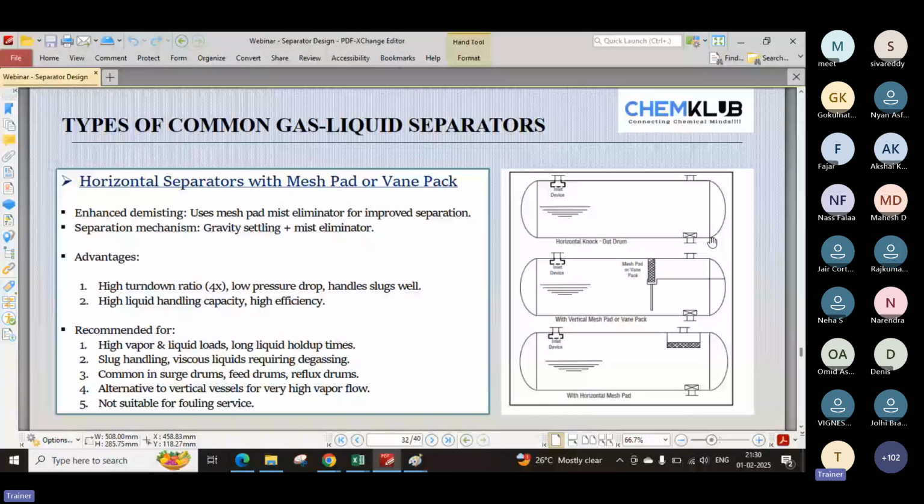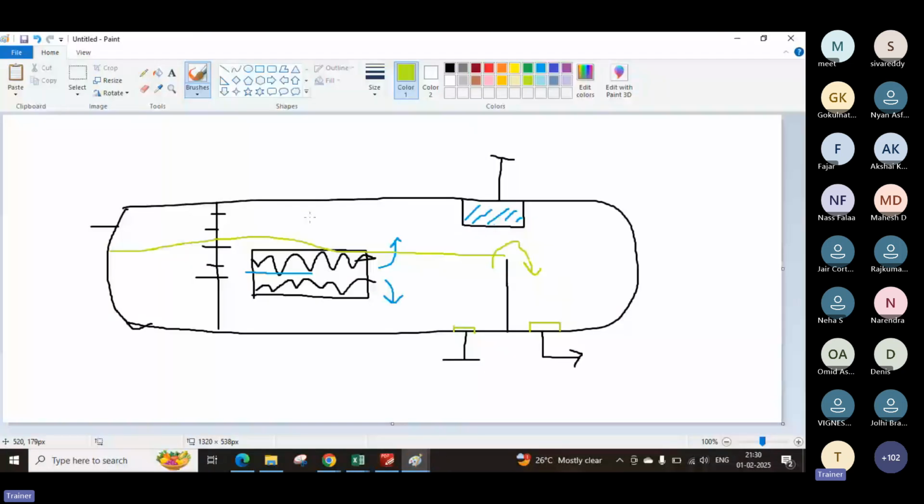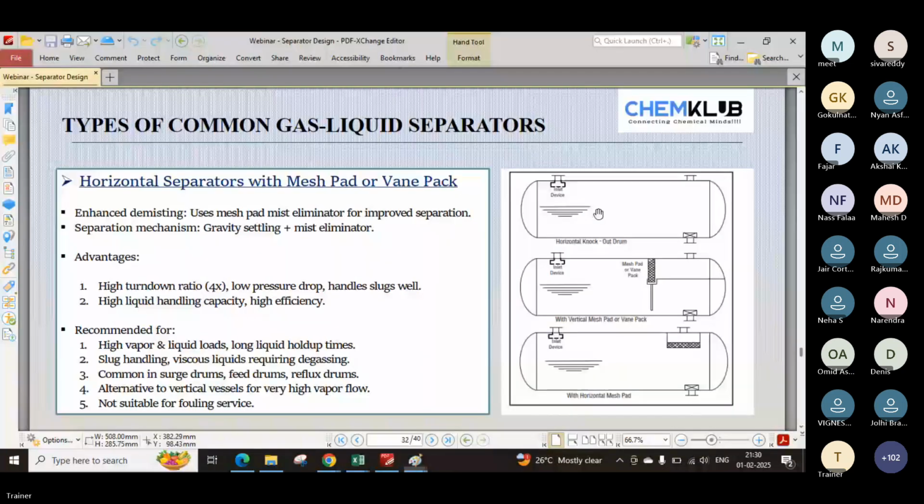Here, this is called the primary separation zone, this is the gravity separation zone, and this is the secondary separation zone, where we have all these materials. This is the typical one again.